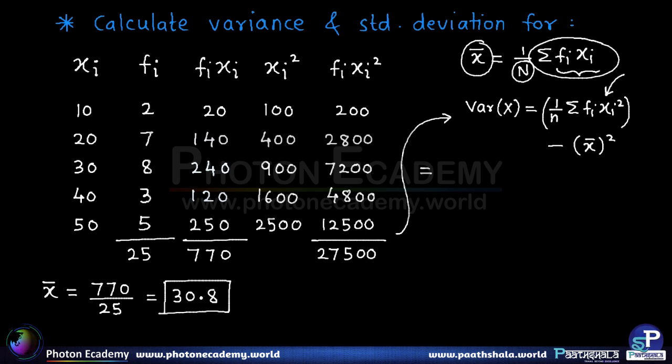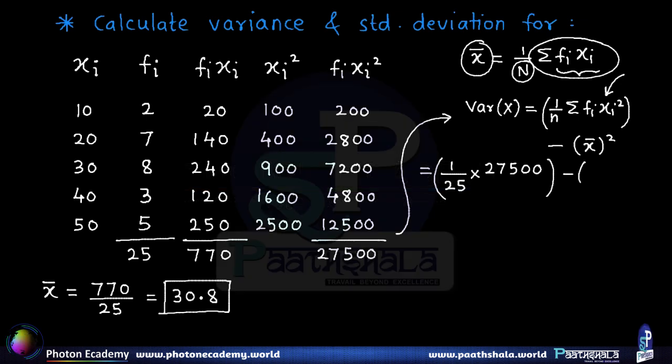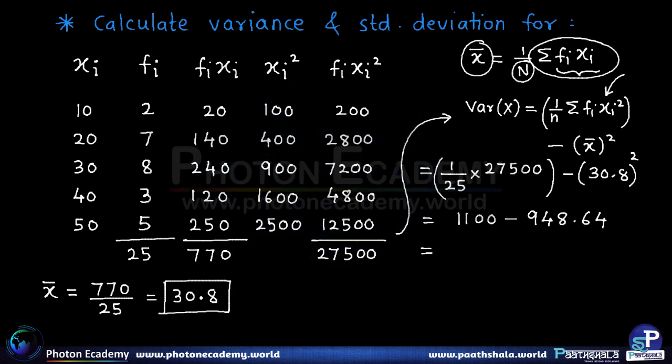So let us plug in the values in the formula. We get the result as 1 upon the total number, which is 25, into summation of fi xi square, which is 27500, minus mean, which was 30.8, the whole square, right? So that comes to 1100 minus 948.64, and that in turn is equal to 151.36.